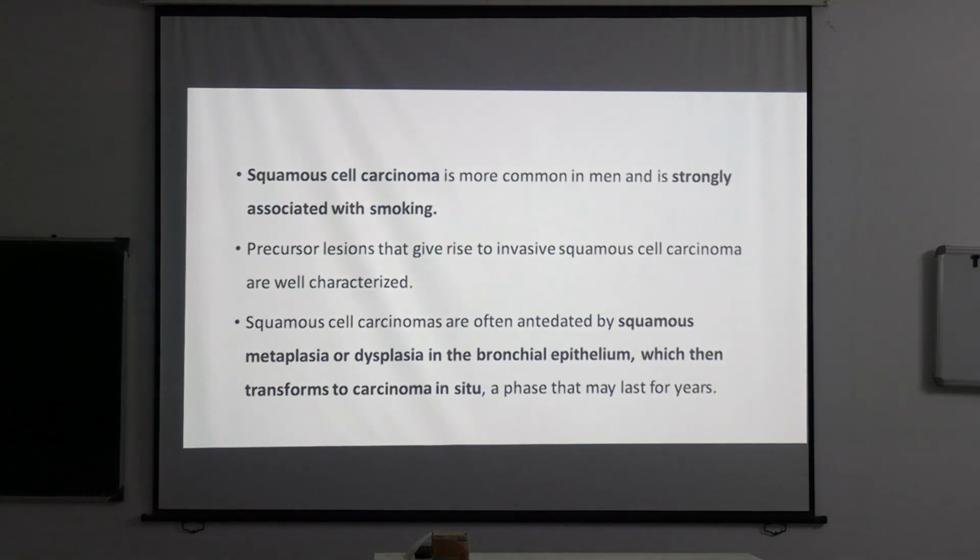Now squamous cell carcinoma. Squamous cell carcinoma is more common in men and strongly associated with smoking. Precancerous lesions that give rise to invasive squamous cell carcinoma are well characterized. Squamous cell carcinomas often arise from squamous metaplasia or dysplasia in the bronchial epithelium, which then transforms to carcinoma in situ, a phase that may last for years.